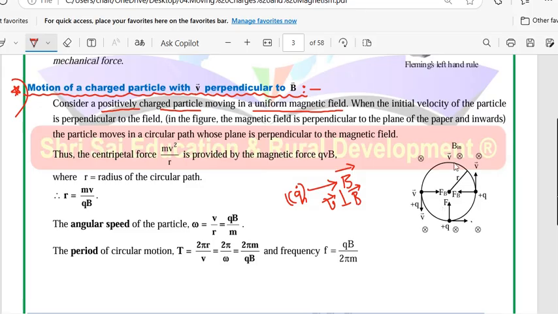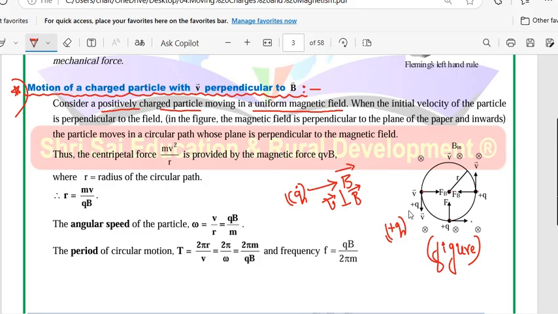In the figure, the magnetic field is perpendicular to the plane of the paper and inwards. See, if you consider the figure, these are some kind of positive charges, is it or not? So here it is having the charge plus q.